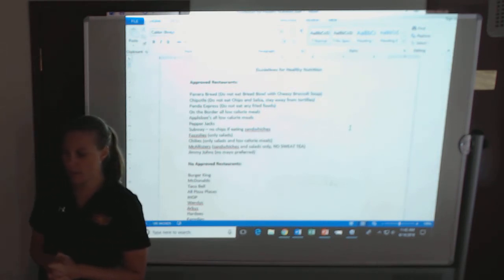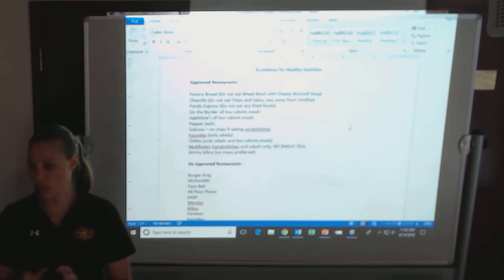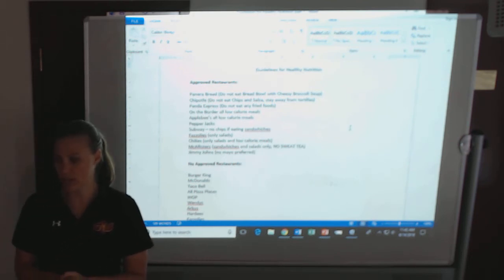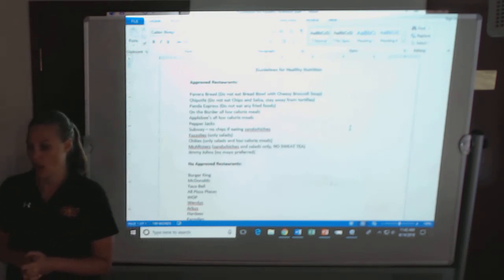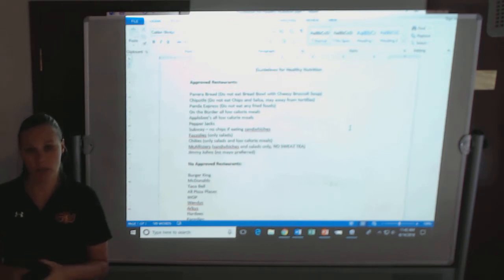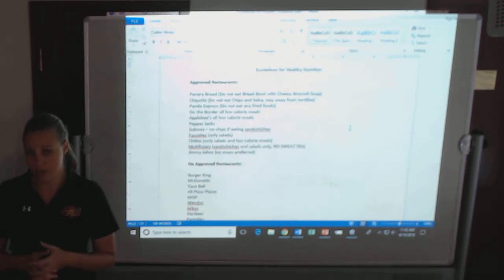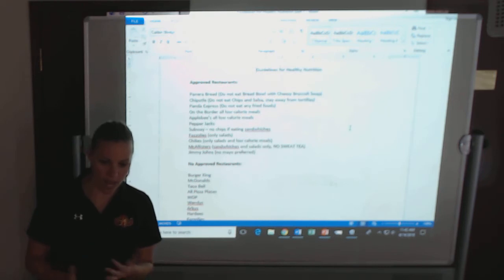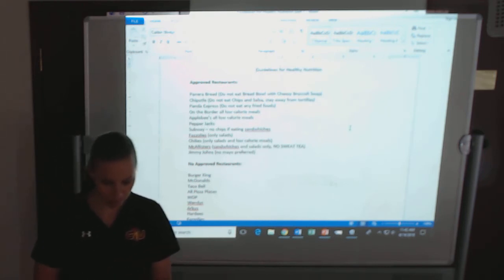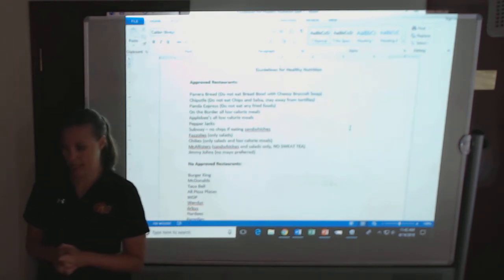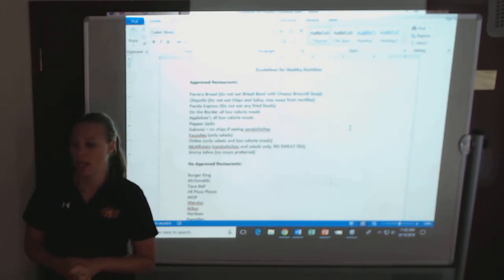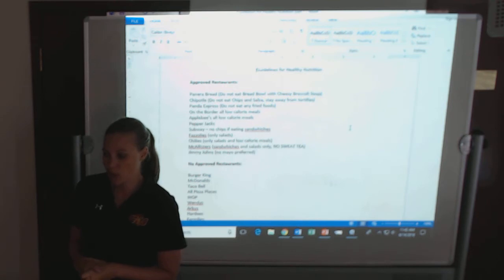But with that, there are things in those particular restaurants that are still unhealthy. For instance, Subway we deem as healthy. The sandwich in and of itself is healthy, especially if you add all the vegetables to it. But are chips, are Doritos healthy? No, they're not. So make sure that you eat the sandwich but not the chips.